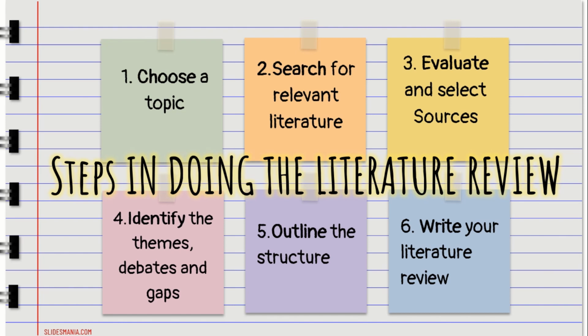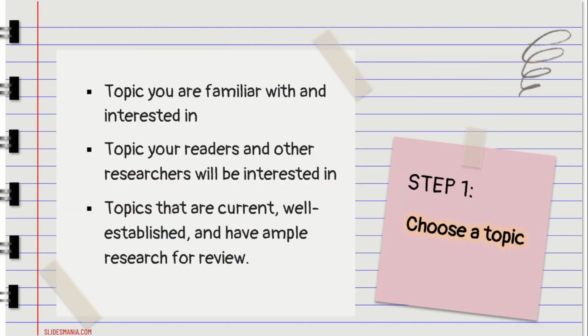So let us know more about these steps. The first step is to choose a topic to write up. So it is very important to consider the following. First, choose a topic you are familiar with and interested in.